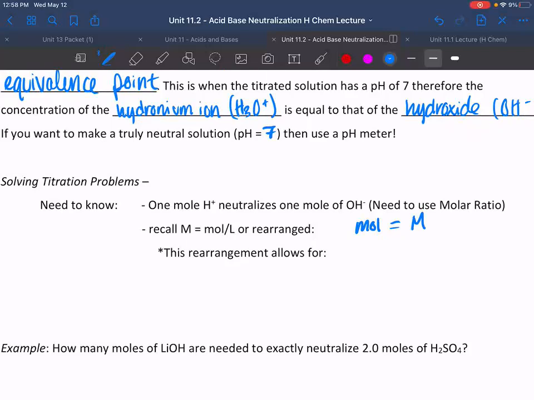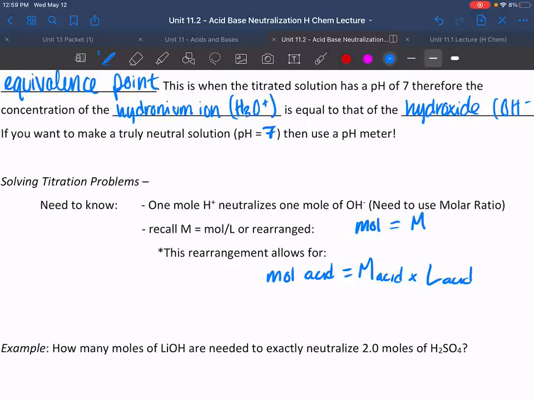What this allows us to do is find out how many moles of acid or base and set up a relationship that way. If we want to find our moles of acid, that's just going to be equal to the concentration in molarity of acid times the liters of the acid, or the volume.